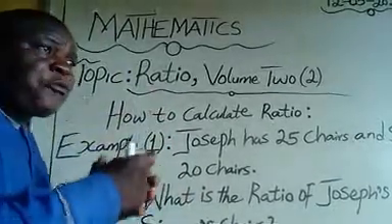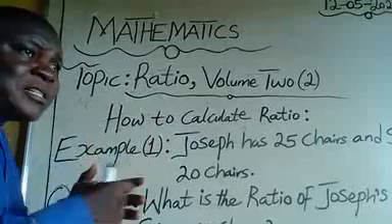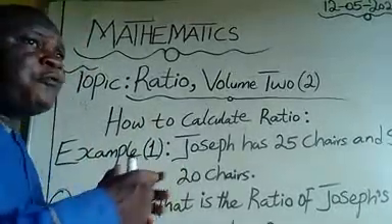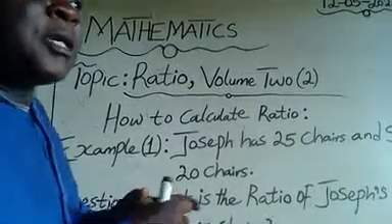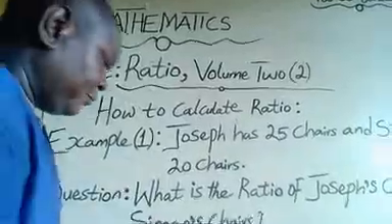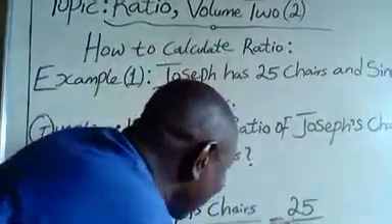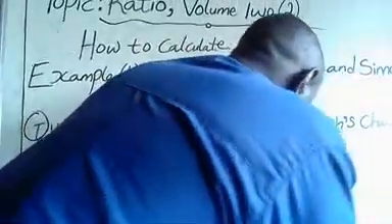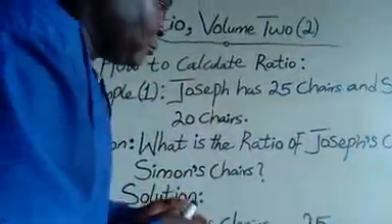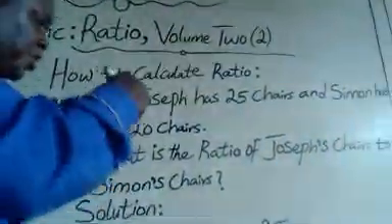It is expected of you to compare quantities that are of the same units. Okay. Now, I am looking for the ratio of Joseph's shares to Simon's shares.